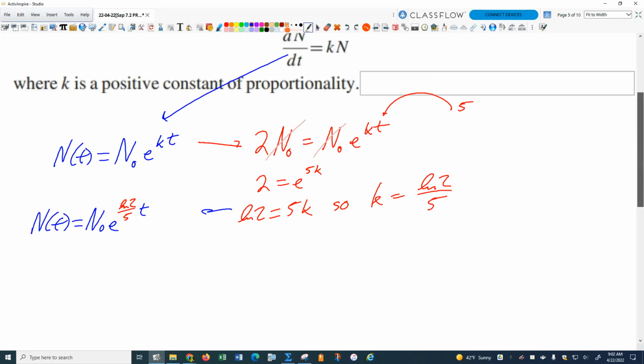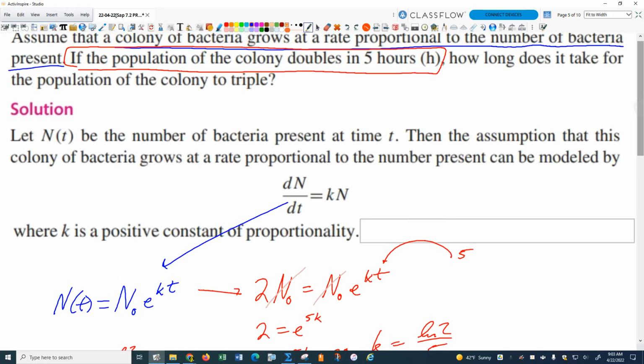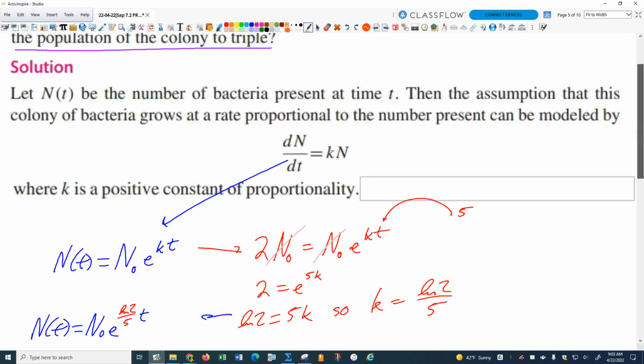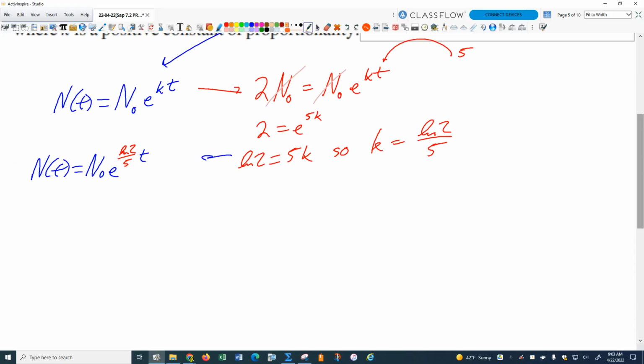We want to know how long it takes for the population of the colony to triple. So what would I do? We're evaluating this.